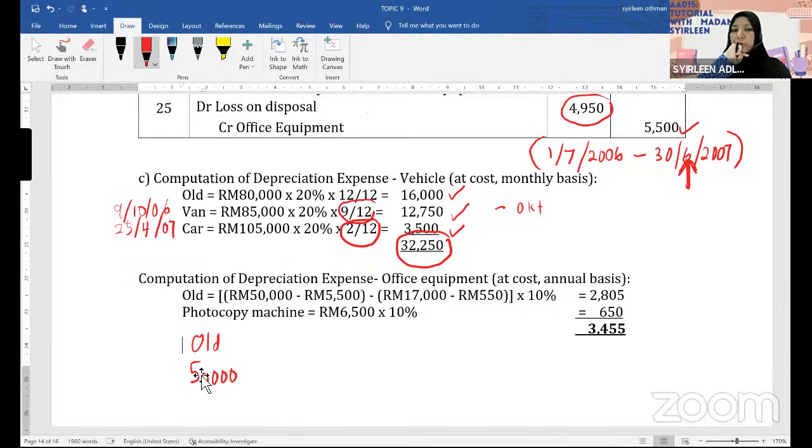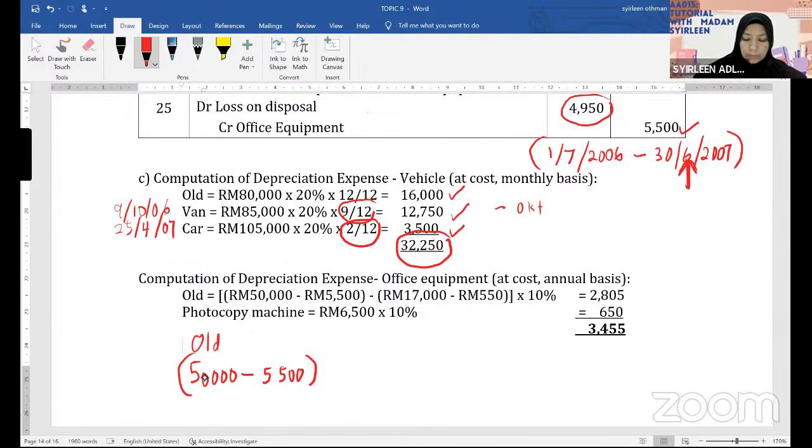So asset saya bukan lagi 50,000. Asset saya ialah 50 minus 5,500. Ini equipment yang tinggal. You kena update dulu sebab 5,500 sudah hilang. Dah hilang, so there's no longer there. Nak kira book value, kena pastikan you kira dia punya depreciation expense.